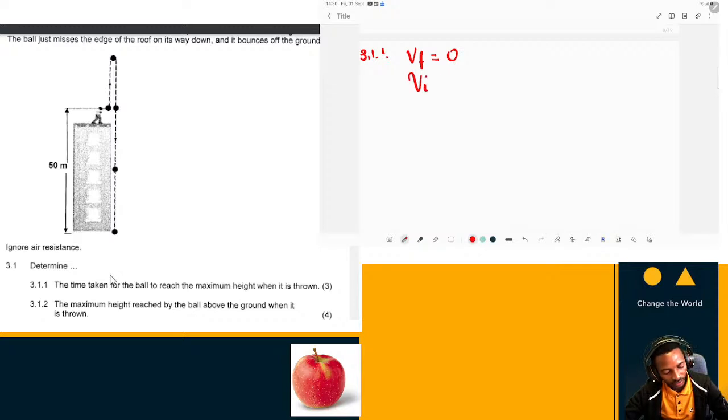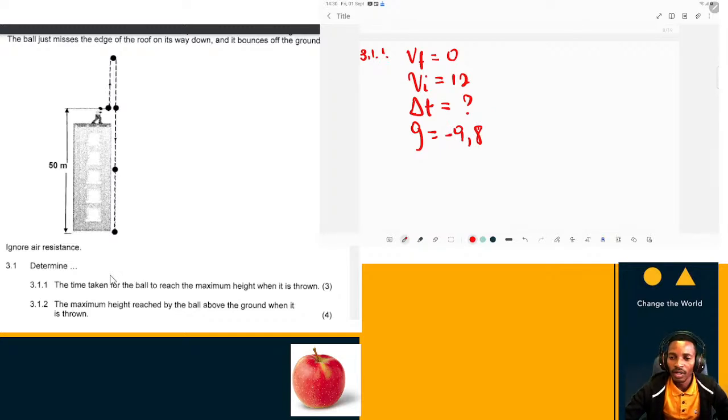Then initial velocity is 12. Then time taken, we don't know, is the one that we're looking for. And acceleration will be 9.8, but now it will be negative because the ball is going upward and the acceleration is going in the opposite direction.